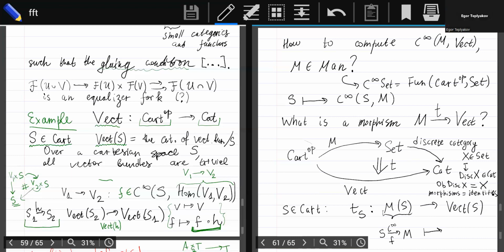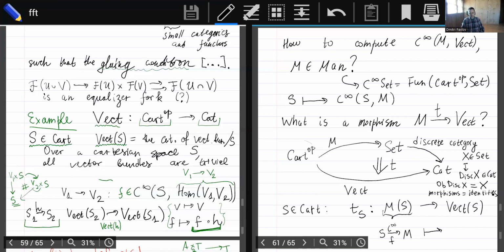Now, what is the main motivation for considering this? The only motivation here is that we want to convert sets to categories because we want to make M and Vect objects of the same type. Previously, one was a presheaf of sets, and the other was a presheaf of categories, or groupoids if you want.